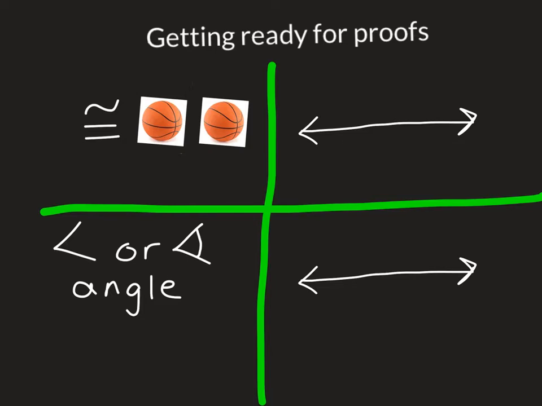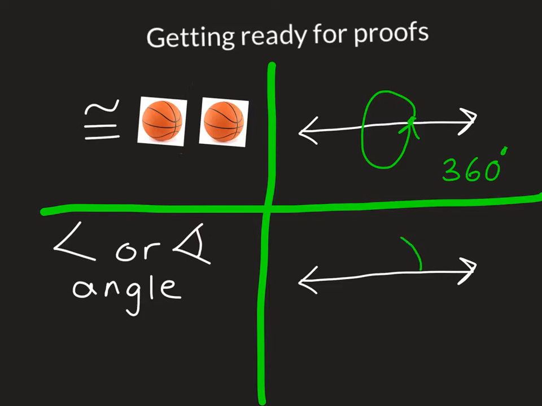Okay, let's go ahead and come check out one of these lines. If I'm going to start at a point and go all the way around in a full circle, well, that's going to be 360 degrees. So all the way around in a full circle is 360 degrees.